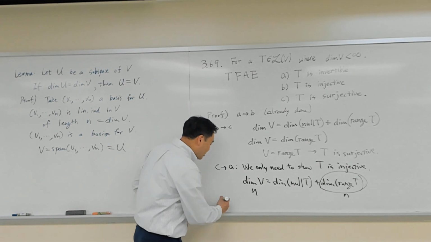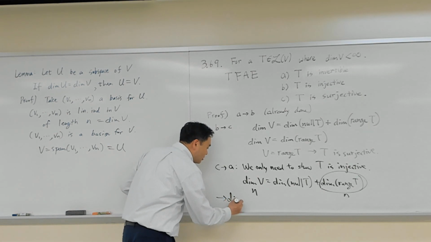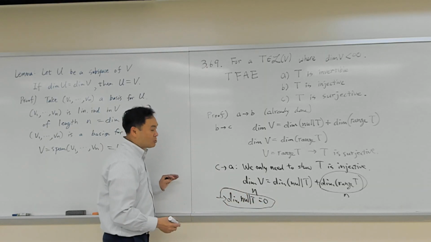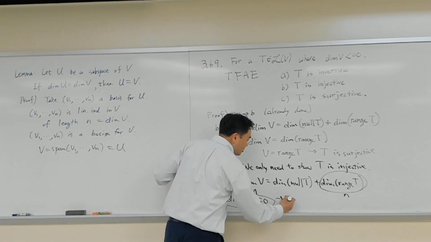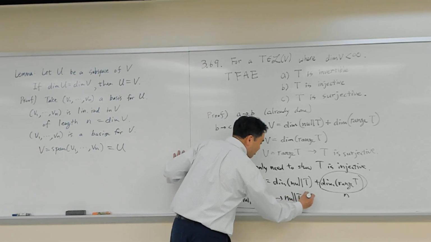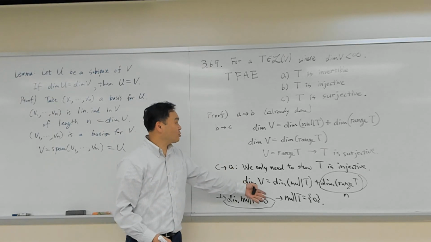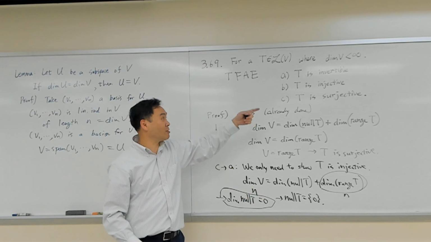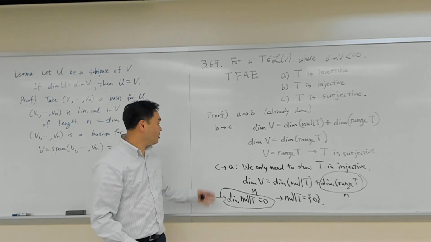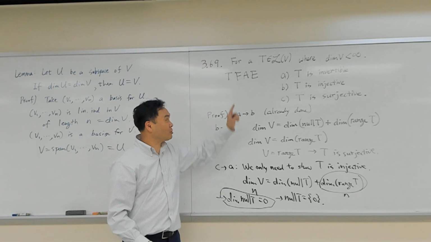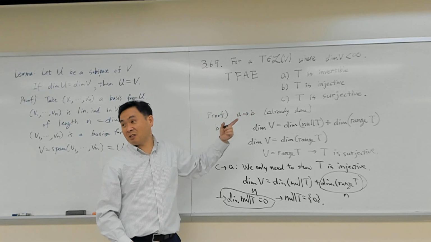So this just says that the dimension of null T is 0, but then the only time this is true is if null T is a trivial vector space, right? So this shows B, but B and C together is A, so that's done. So A implies B, B implies C, and C implies A, so any one of those three will imply the other.